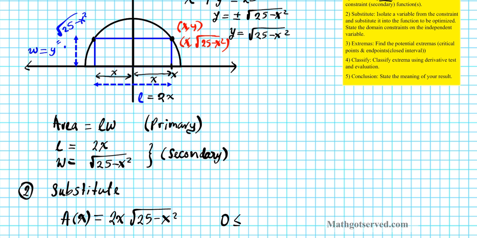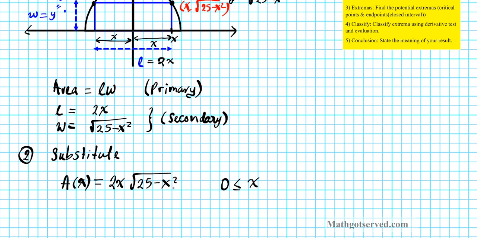Now, how big can x be? What is the maximum value of x? Well, since the radicand cannot be negative, otherwise it is undefined, x squared can only attain a value that causes our radicand to be 0 or greater. So our upper bound can be determined by solving the inequality 25 minus x squared is greater than or equal to 0.